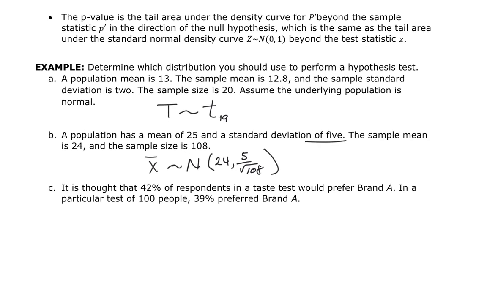It is thought that 42% of the respondents in a taste test would prefer brand A. In a particular test of 100 people, 39% preferred brand A. So this is a proportion.